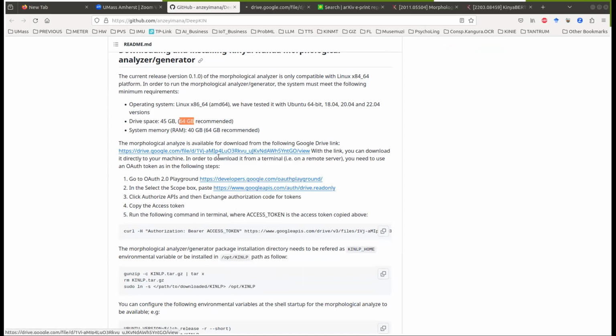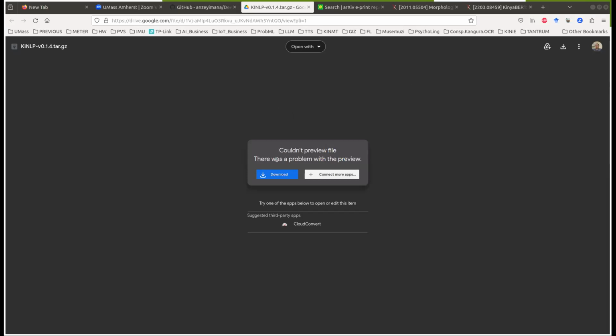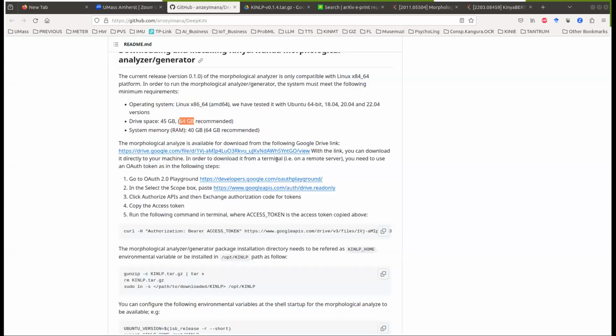It's posted on a Google Drive, but it's a huge file. So if you want to download it on a server, I give the instructions on how to do it. I think Kleber has gone through this process, and he can help some people who are interested in doing that.